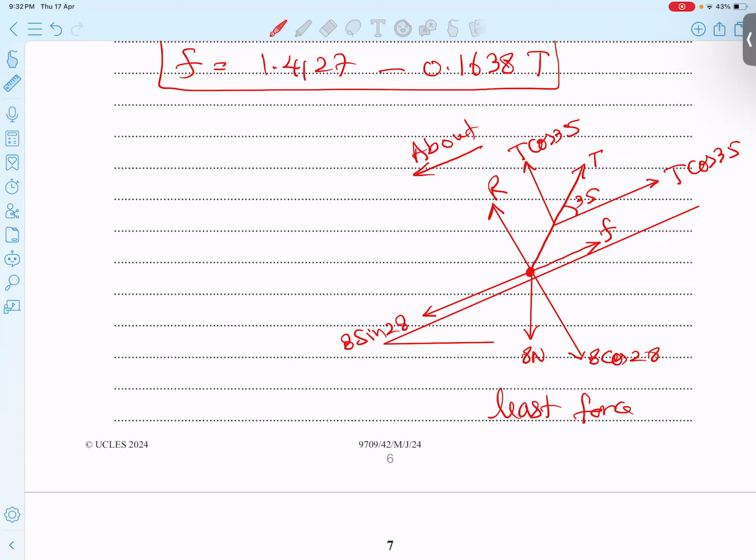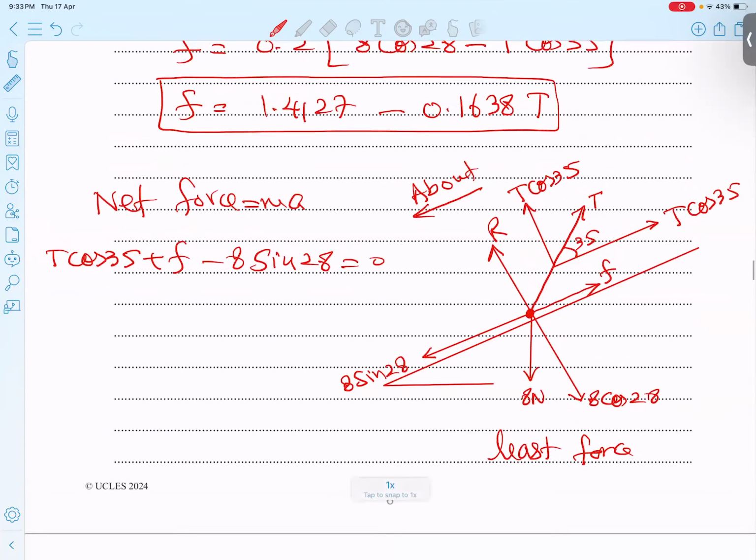Okay, students, now I can say net force is equal to MA. Because now this force plus this force is equal to that. Or you can say this plus this minus this is equal to 0. So I'm writing T cos 35 plus friction force minus 8 sine 28 is equal to 0.